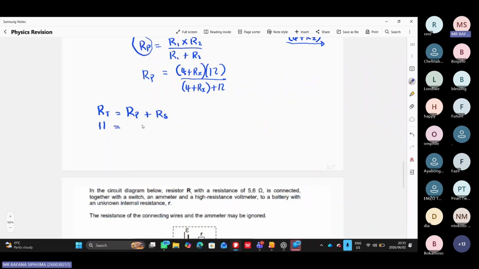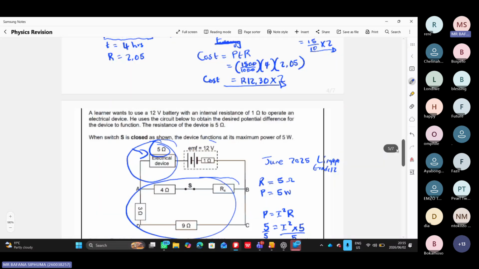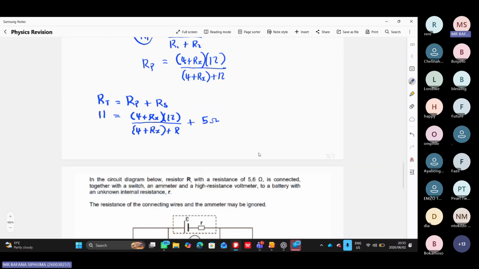Then what was your Rp? Your Rp is that thing. So you can still just go and say (4 plus Rx) multiplied by 12, divided by (4 plus Rx) plus 12, plus the 5 ohm resistance for that device right there. Now you solve the maths.